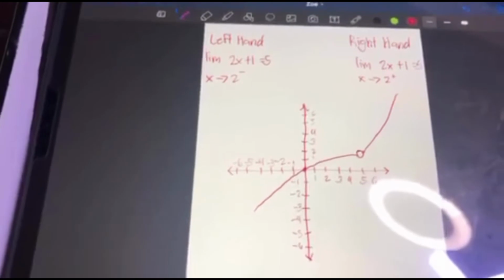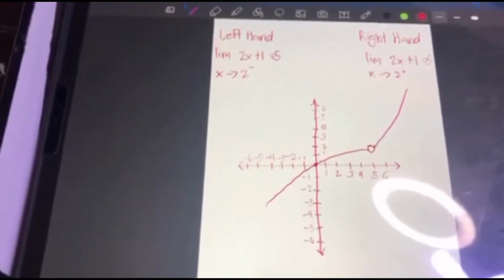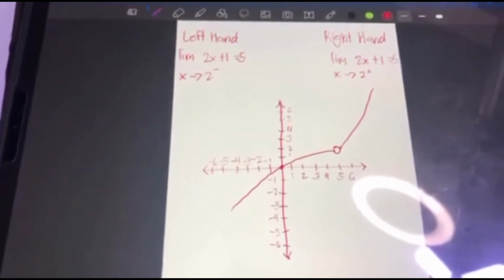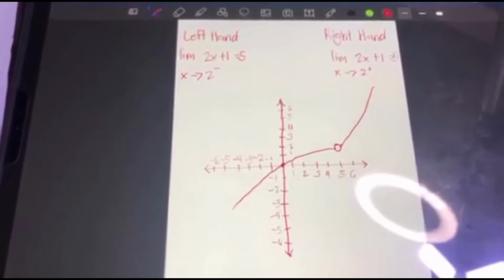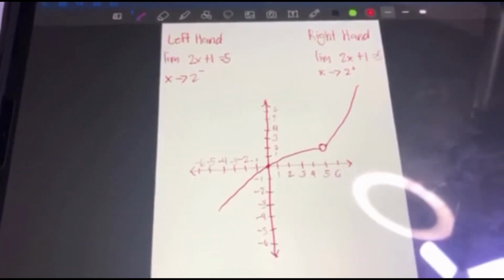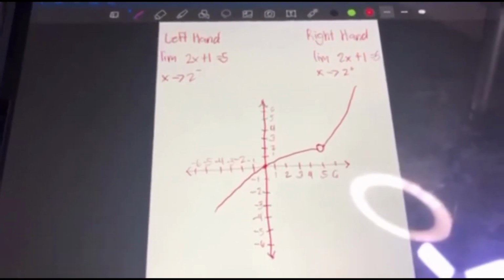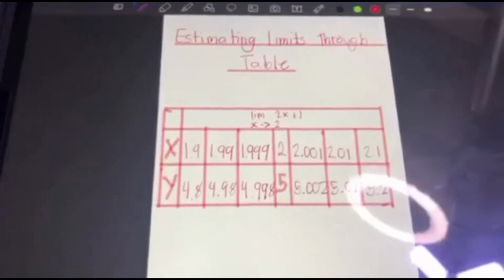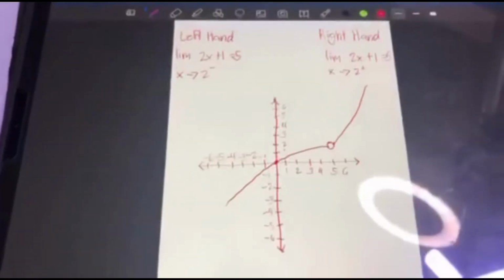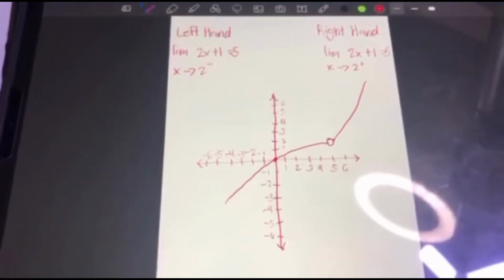We can read our notation as the limit of f of x as x approaches c is equal to our limit. The last one is that we can estimate the value of limits by using our table of values, which is what we did earlier. We also need our left and right hand side.